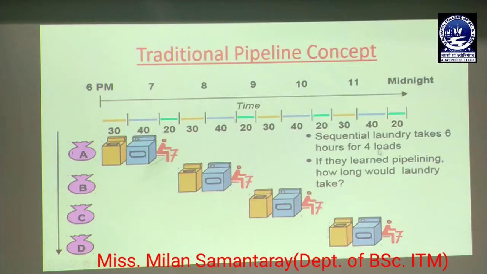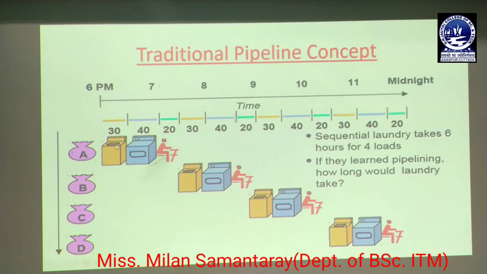As I have told you, to wash, dry and fold a single load of clothes takes 1.5 hours, so in this way the 4 persons can have their clothes in 6 hours if we perform it in a sequential manner.